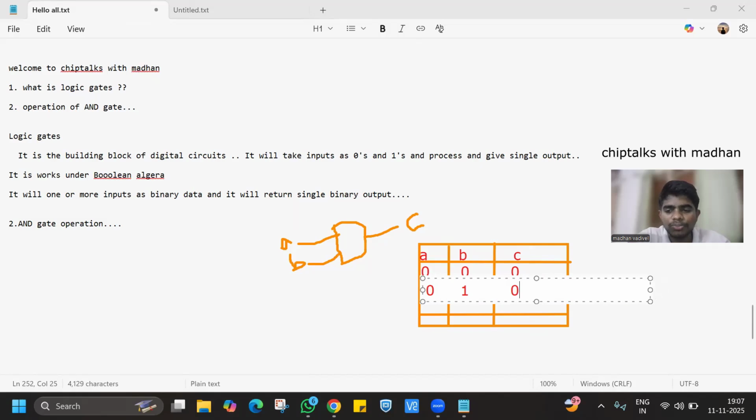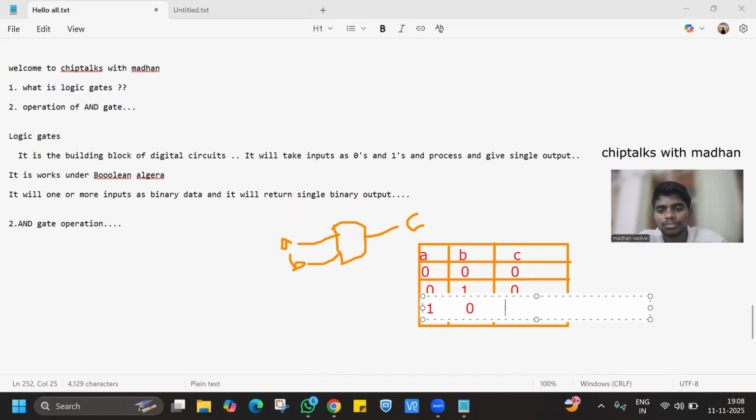The output will be the same, 0. The third one is 1, 0. The output will be 0. And the fourth input is 1, 1. The output will be 1.